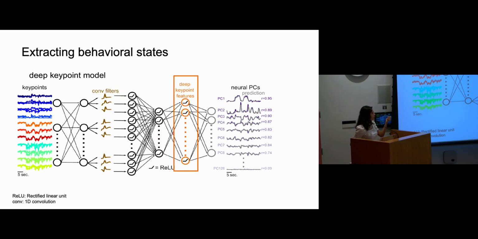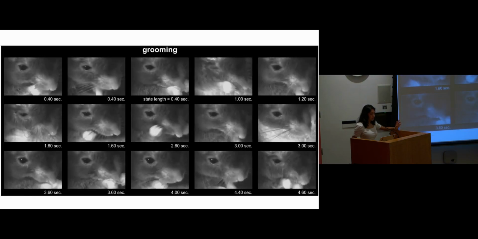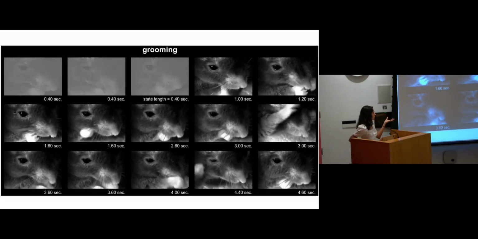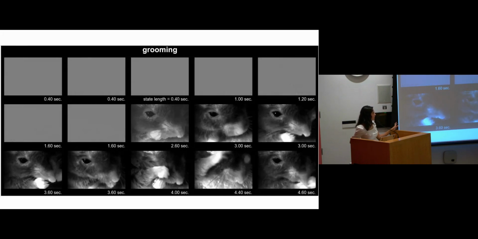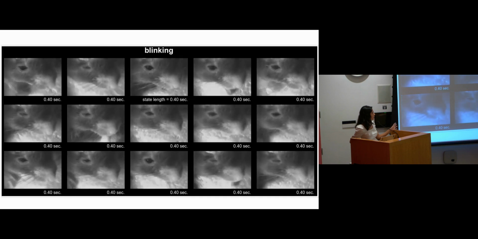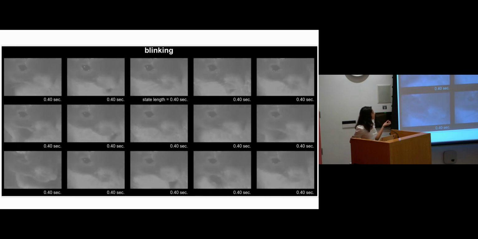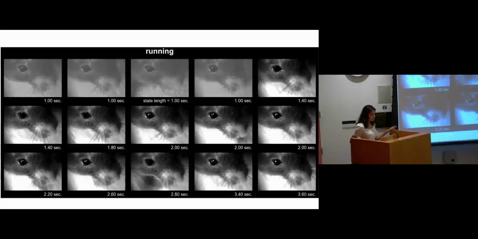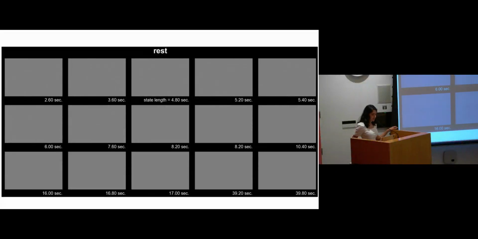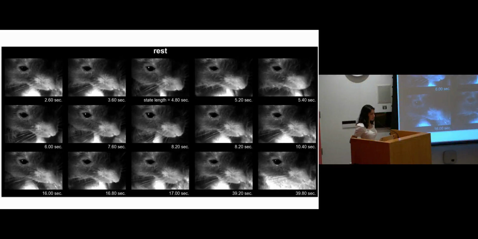So to look at that, we modeled the deep key point features, or basically the activations of this layer, using a hidden Markov model and looked at some of the different states, which we were able to visually classify as maybe when the mouse is grooming, it's defined as one state, or when the mouse is blinking. Similarly, there's this running time period, and the duration of those states also vary, or when the mouse was resting.